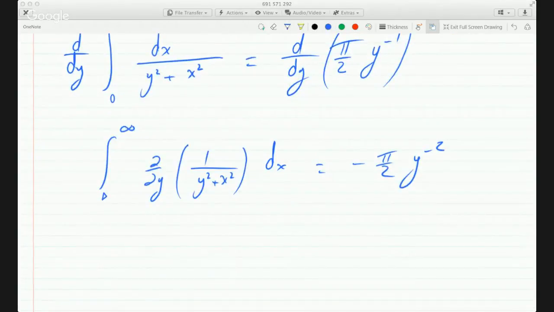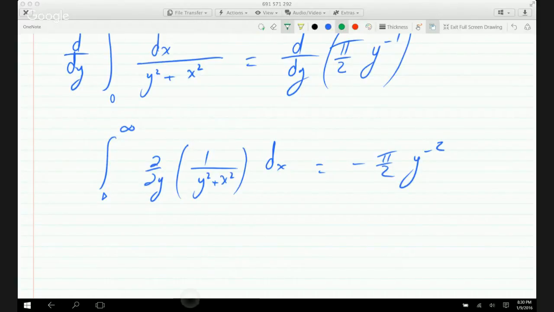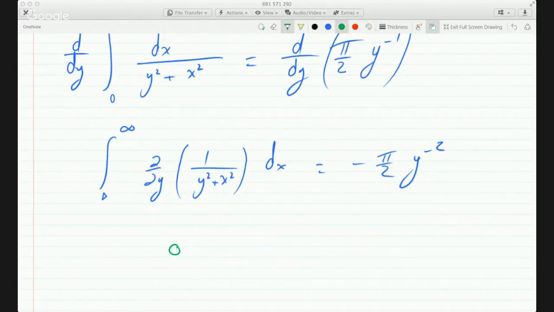And then, of course, here I would do the quotient rule on this. So this would be 0 minus derivative of the bottom, so 2y, times 1, over the bottom squared.